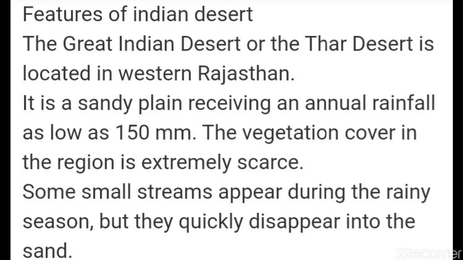First feature: the Indian desert lies towards the western margins of the Aravalli Hills. It is an undulating sandy plain covered with sand dunes. The rainfall is very less, less than 150 millimeters per year.